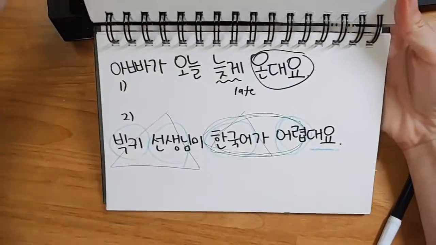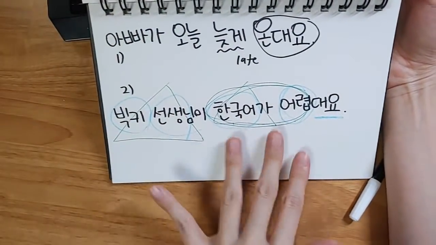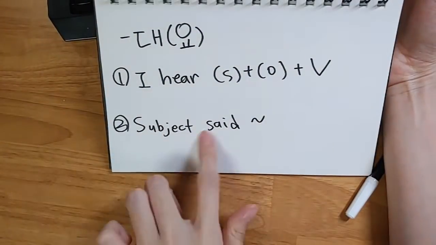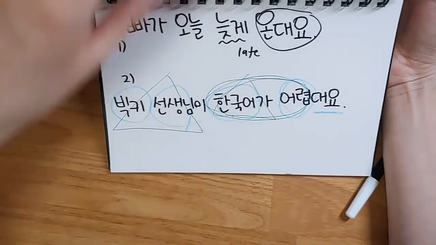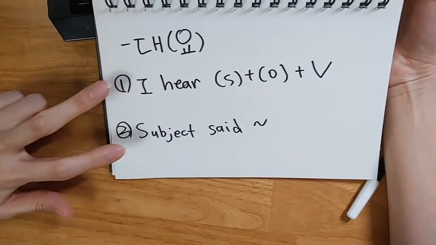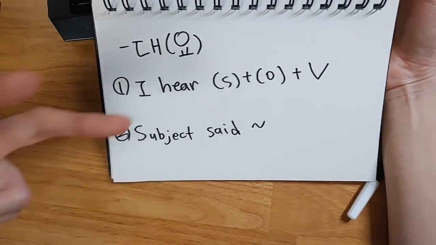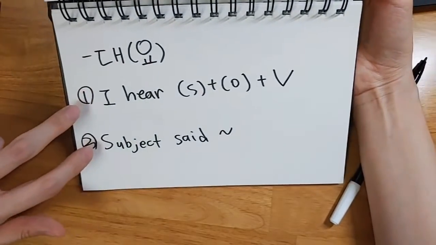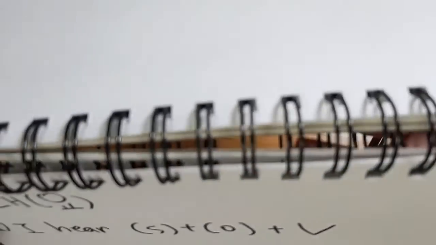So, 네. Miss Vicky said Korean is hard. So this sentence only has one meaning. The subject said this, and it's kind of figure-outable. It's kind of obvious. I made it sound like it's harder than it really is. But you will notice the difference by context. So don't worry about it, guys. It's not that complicated.